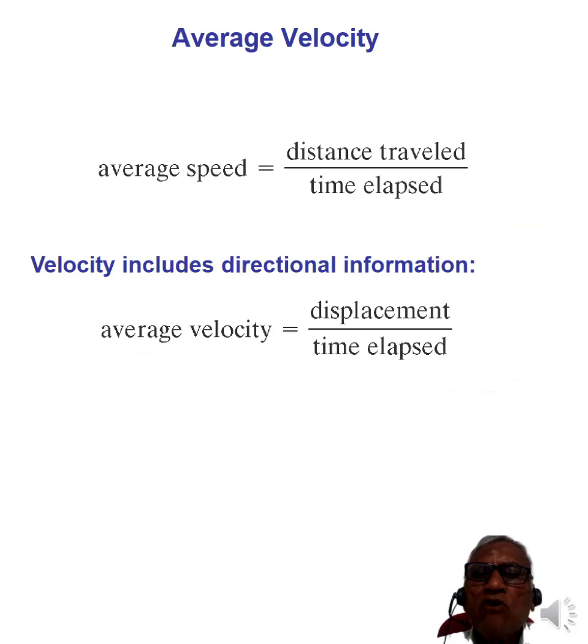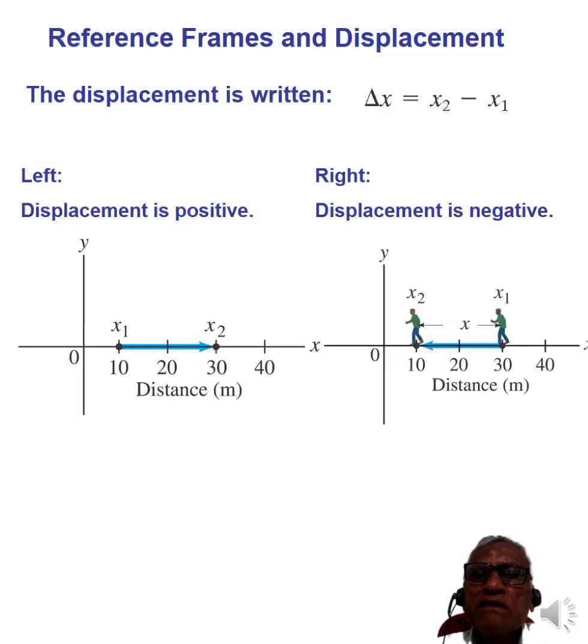So if we go back to the cases here, let us take this journey takes about 2 seconds. In this case, the displacement is positive, so the velocity will be plus. Suppose it takes 2 seconds for 20 meters, the velocity is plus 10 meters per second, whereas in this case, the velocity is minus 10 meters per second.